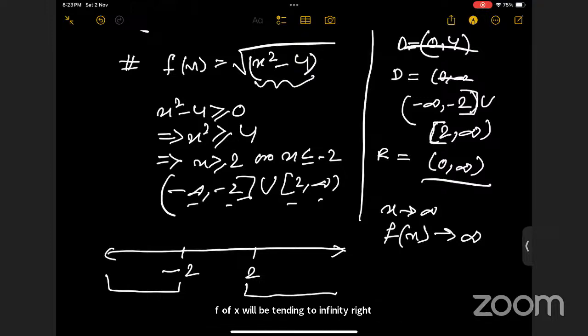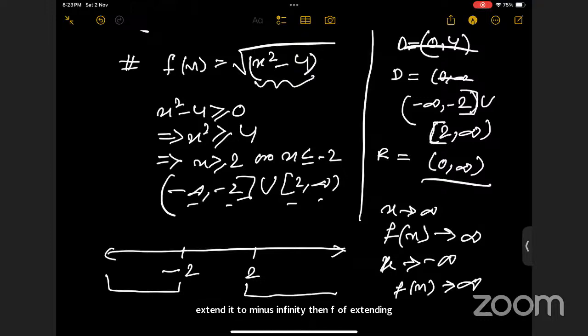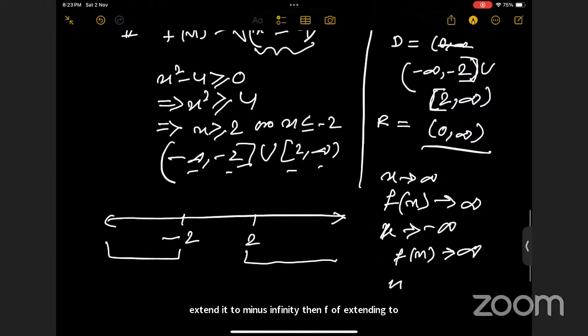Yes, ma'am. And if x tends to minus infinity, then f of x again tends to plus infinity, right? If x tends to 2, then f of x will be tending to 0.